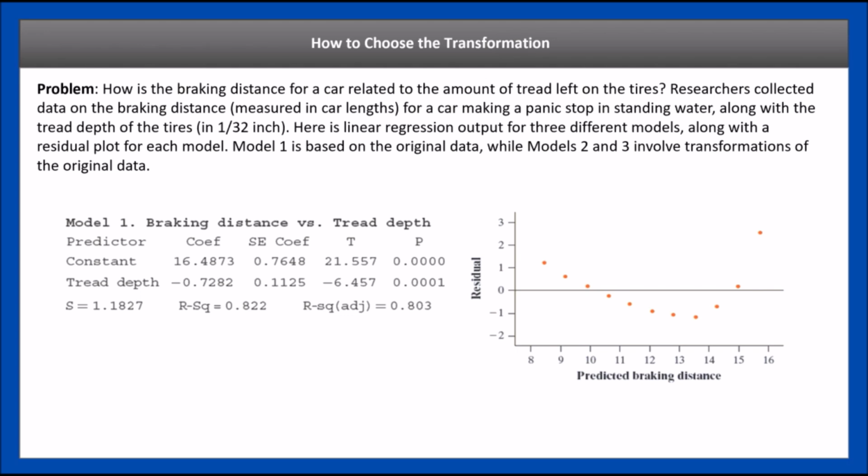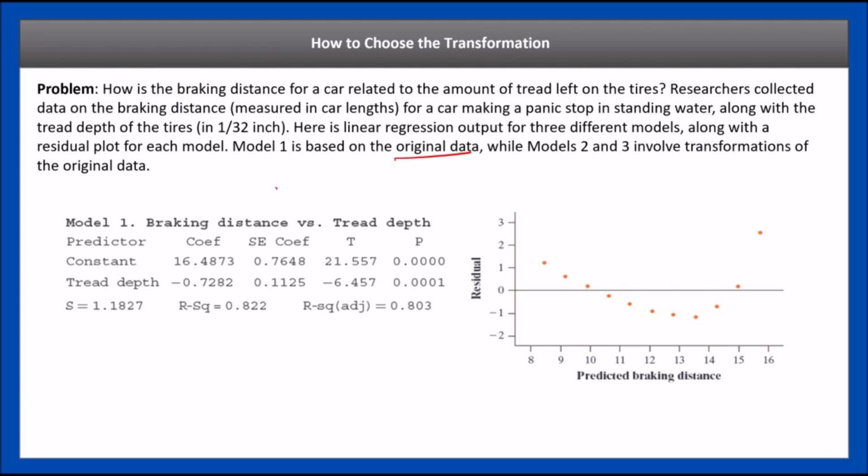So model 1 is just the traditional, right? This is just the original data. Actually, it says it here. So model 1 is original. And then for model 2, we take the logarithm of y, and then the other one takes the logarithm of both.